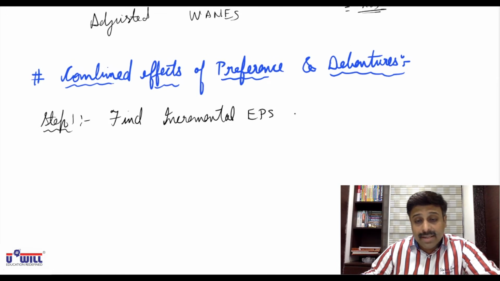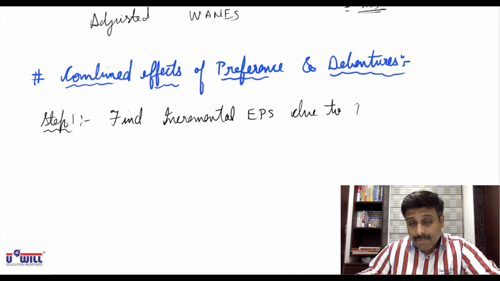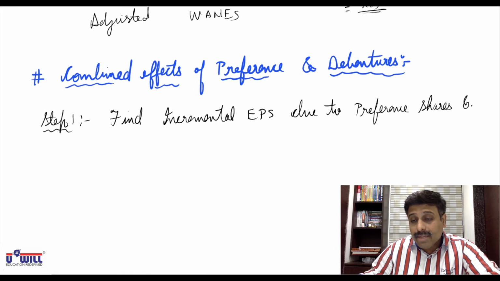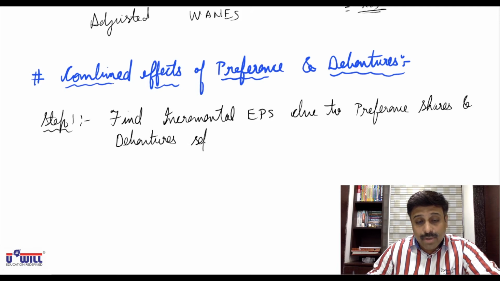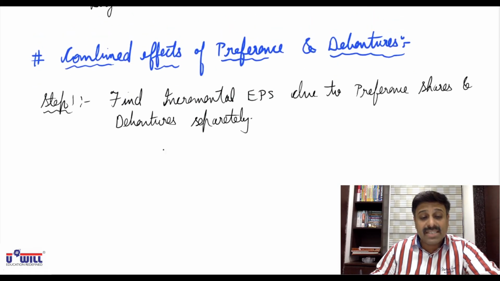So you find incremental EPS due to preference shares and debentures separately. Okay, one by one you find incremental EPS due to preference shares and debentures separately.